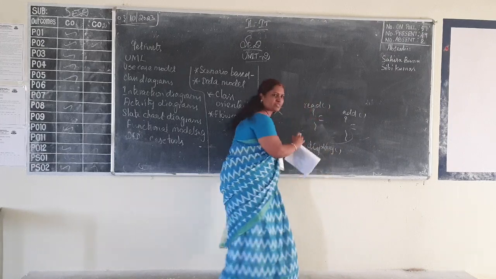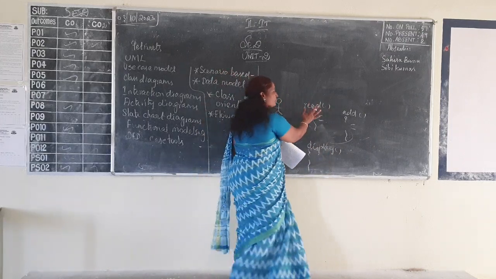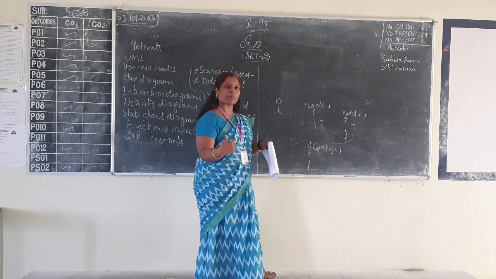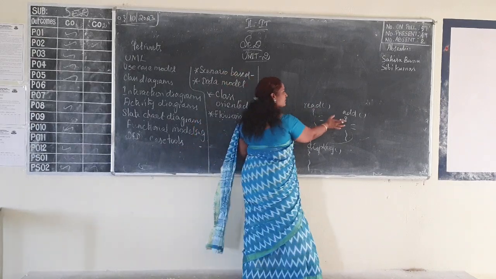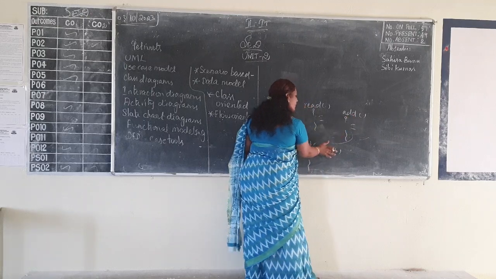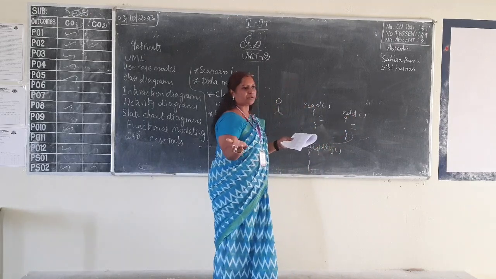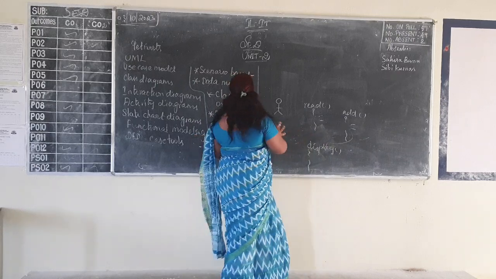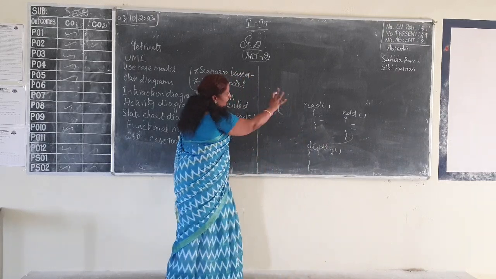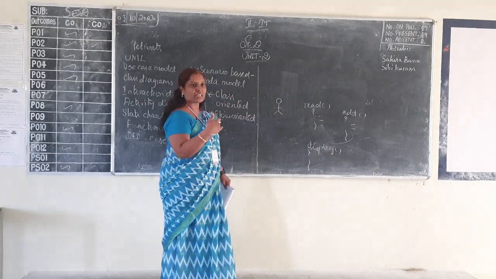Here I have taken a few functions, where this function is only taking the data from the keyboard or from the outside world, and this one is processing the data, and the processed data is displayed or given to the outside world. So this is how the data is flowing across the functions in the system.